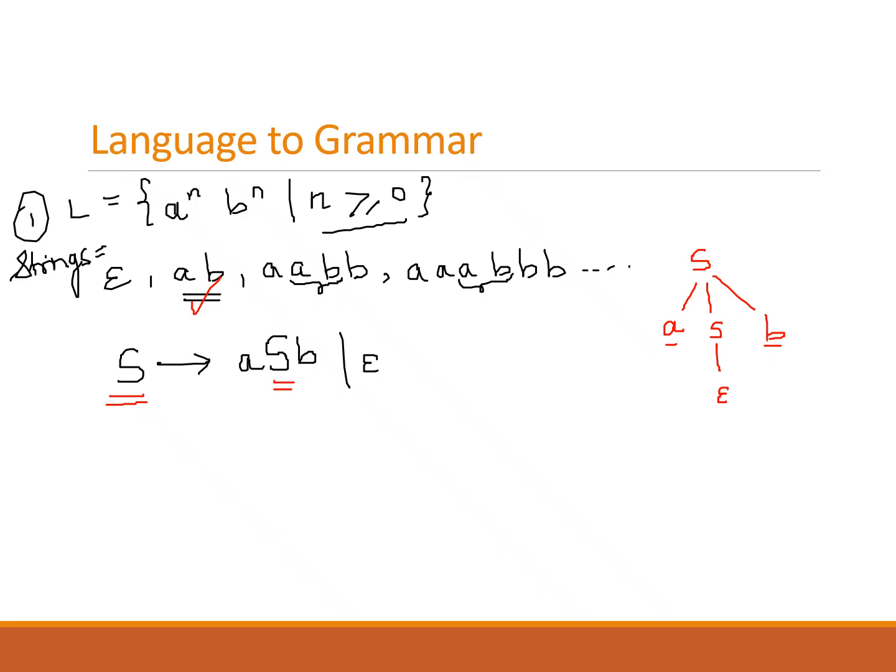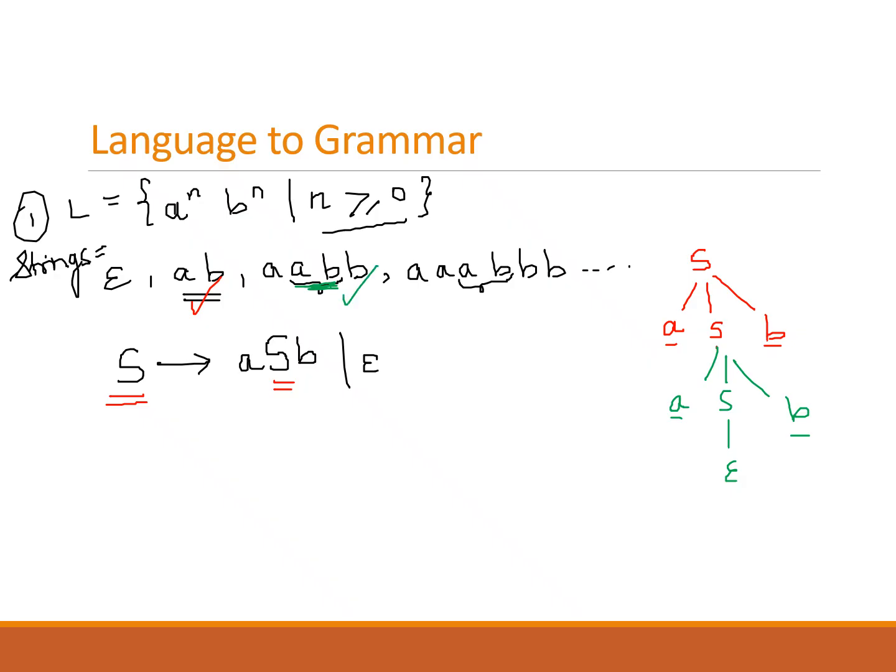Next time, if instead of expanding this using epsilon, it is expanded again using the rule ASB, it has allowed addition of AB at the center, and making this epsilon gives me this string.